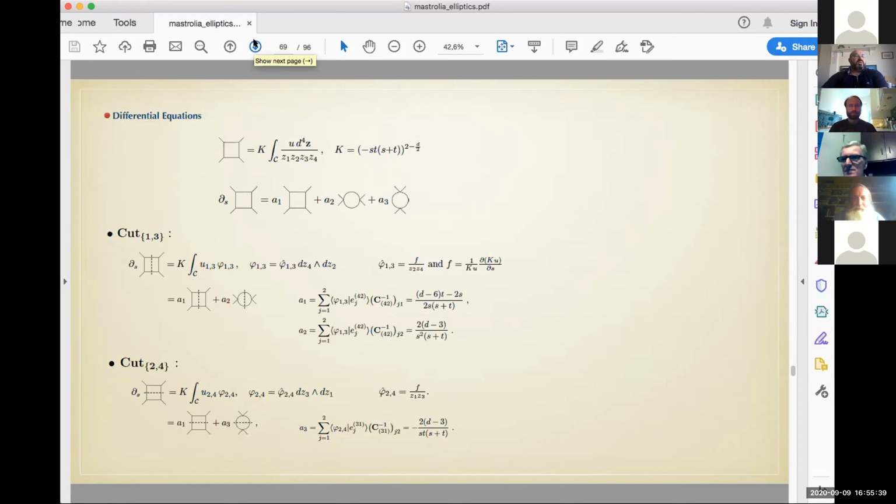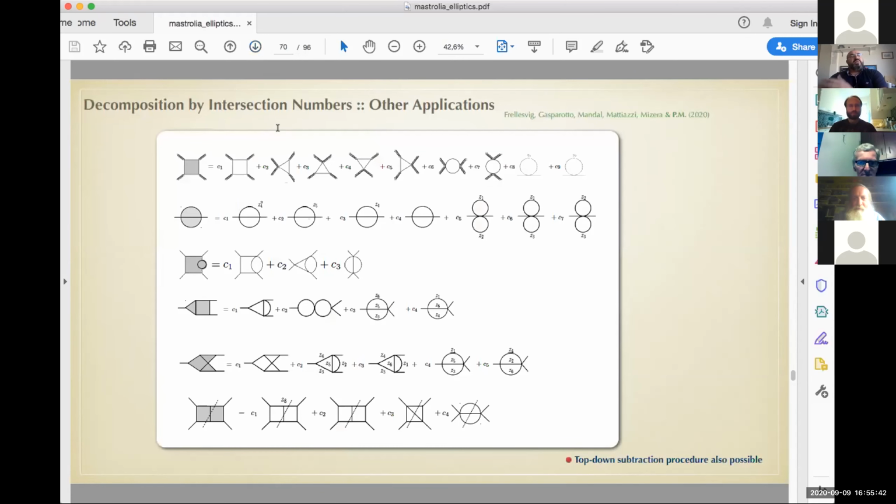Here I leave the steps for questions eventually, and lately we were able to increase a bit the series of applications, considering one loop with internal masses or the full massive sunrise decomposition, as well as a few examples at two loops of massless particles, where all these coefficients of the master integrals are obtained by intersection numbers. And in all the cases, we found agreement with public codes giving results for IBPs.